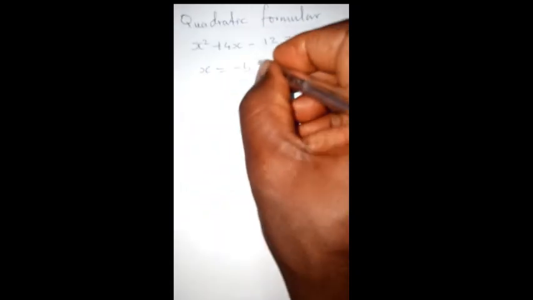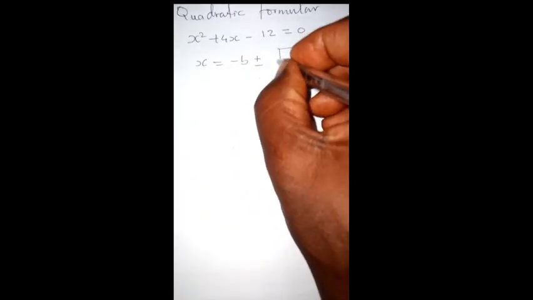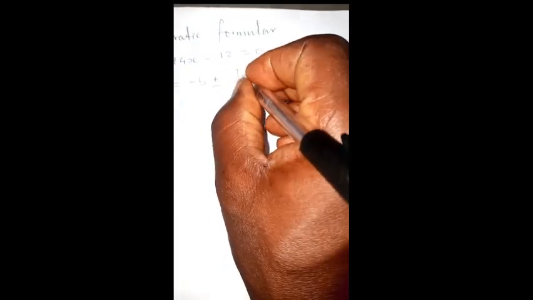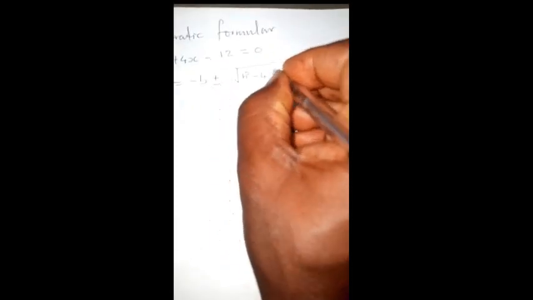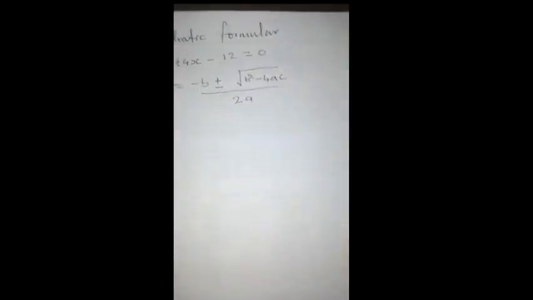The quadratic formula is given by x is equal to minus b plus or minus the root of b squared minus 4ac, this all the way from here divided by 2a, where a is the coefficient in front of x squared.